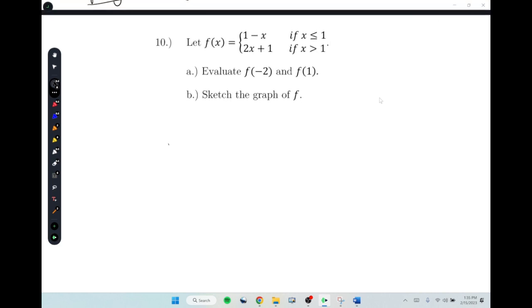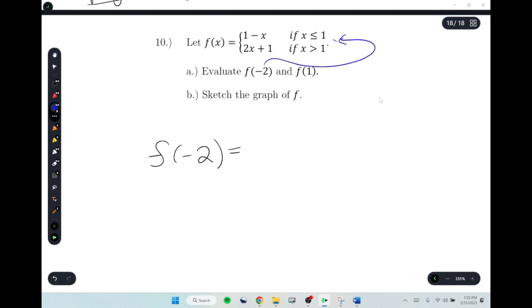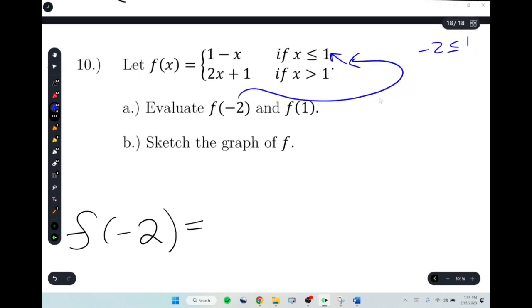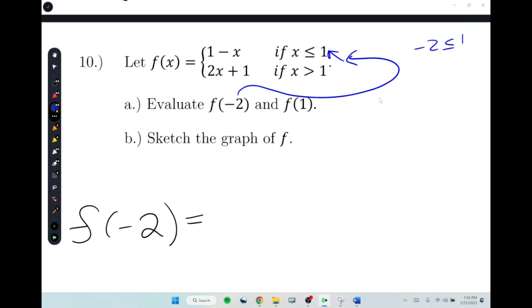So let's just do the first one. f of -2. Where does that get funneled into? You think the top one? Why? Because -2 is in fact less than or equal to 1. So we funnel it into the first one because of that condition, right?